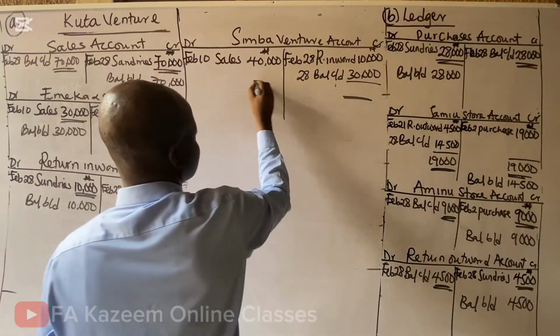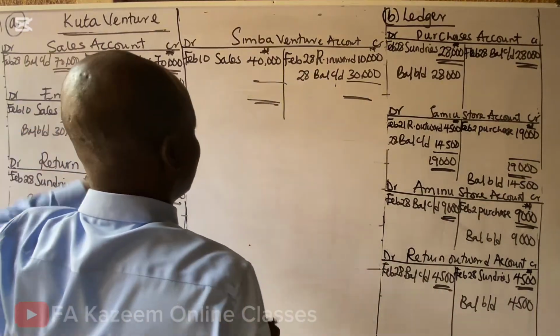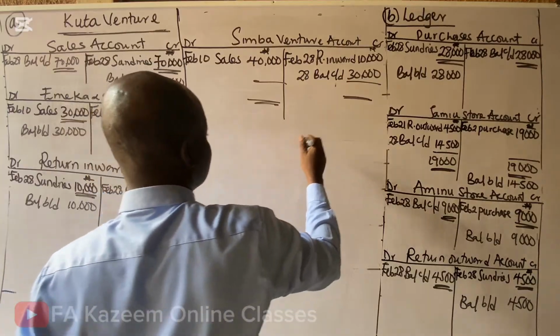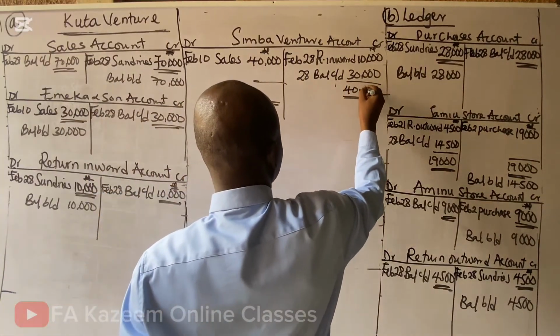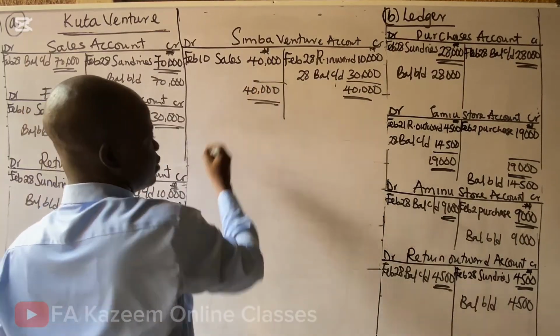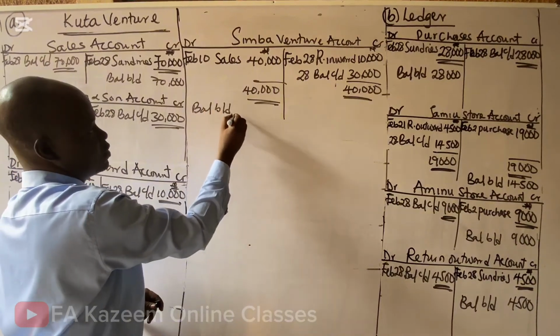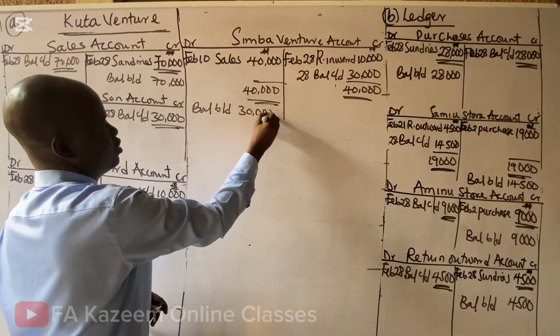What it means is this: Simba Venture is owing Kunta a sum of 30,000, and the account has been closed. And this is a balance BD 30,000.